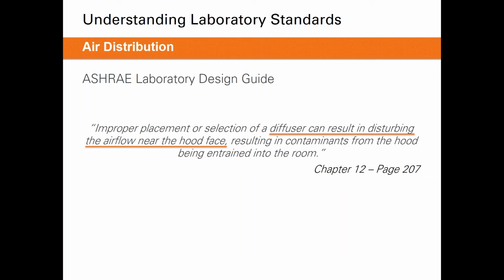What this is saying is that higher velocity over the face of the sash can actually pull air back out of the fume hood, and understanding where the diffusers in the room are going to be placed can help us eliminate that effect from happening. If diffusers are placed next to or right in front of fume hoods, higher velocity can pass over the face of the sash and make that fume hood less effective at containing the fumes inside of it.